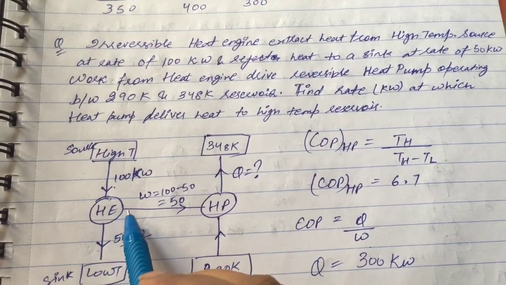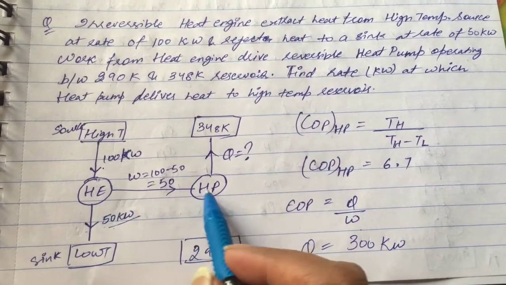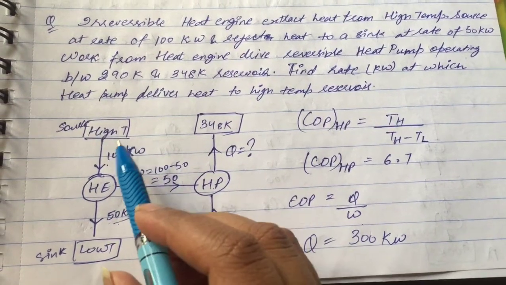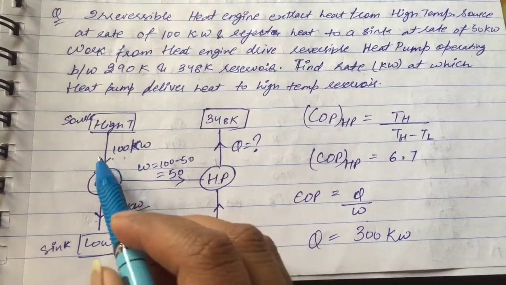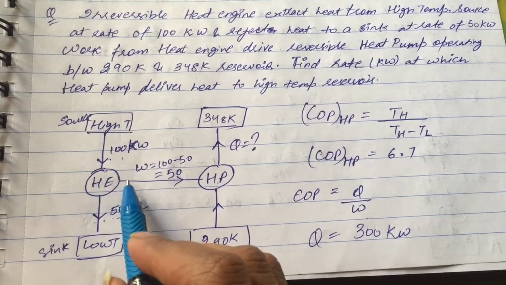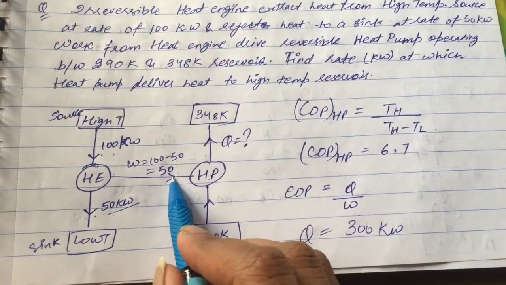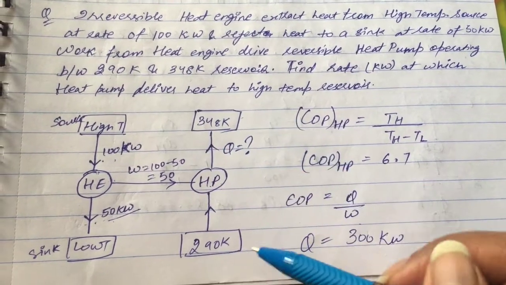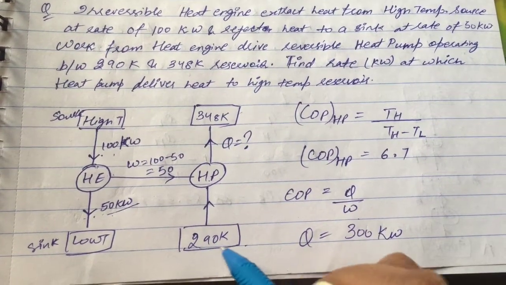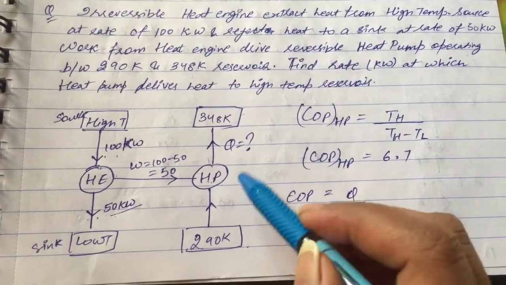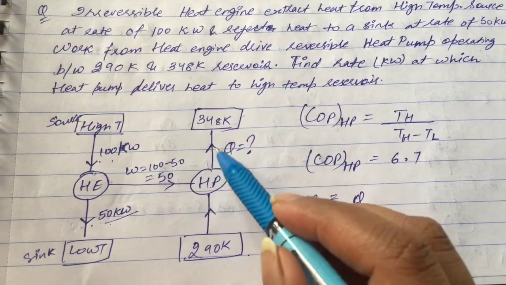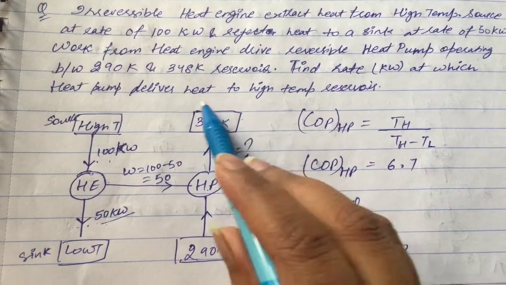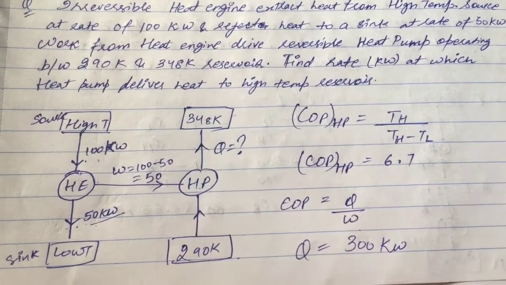So the heat engine supplies some work to the heat pump. The work supplied would be 100 minus 50, so the work which the heat engine is supplying to the heat pump would be 50, and the heat pump is operating between 348 Kelvin and 290 Kelvin. We have to find the rate of heat being supplied to the 348 Kelvin reservoir.